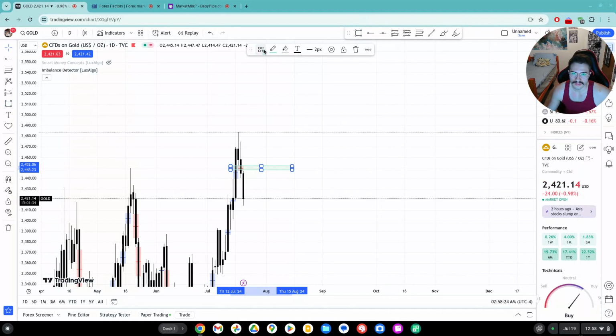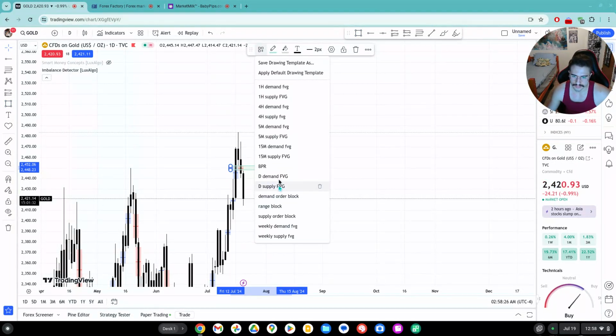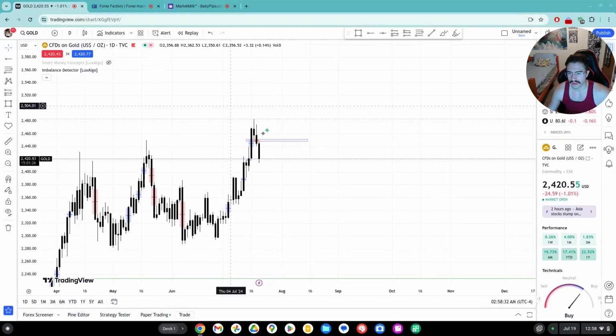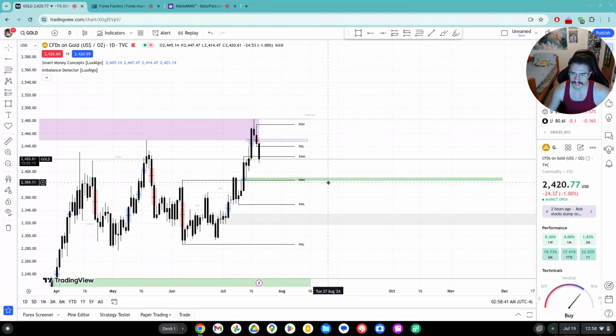I mean, I can, but yeah, okay. So on the daily, it's a bit bearish. You could say there's no clear order block, but I'm saying maybe here, in this area. I don't think it would go as low as here.